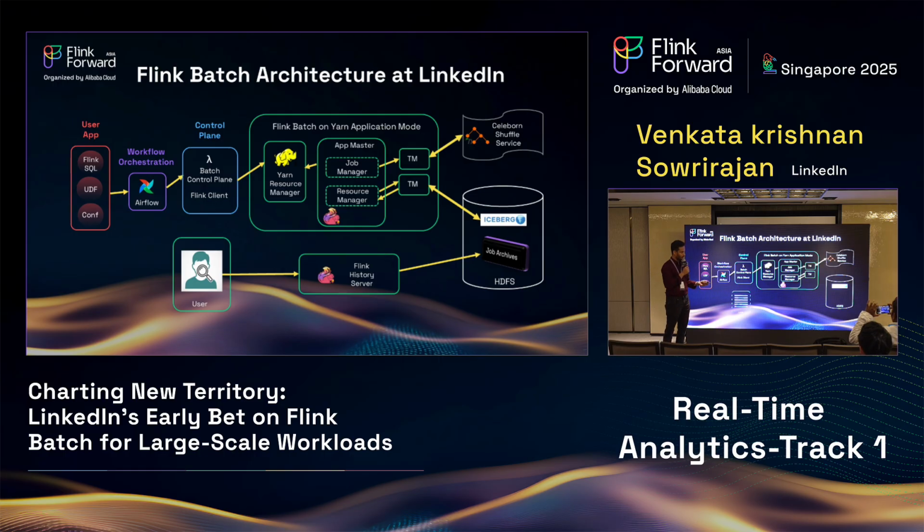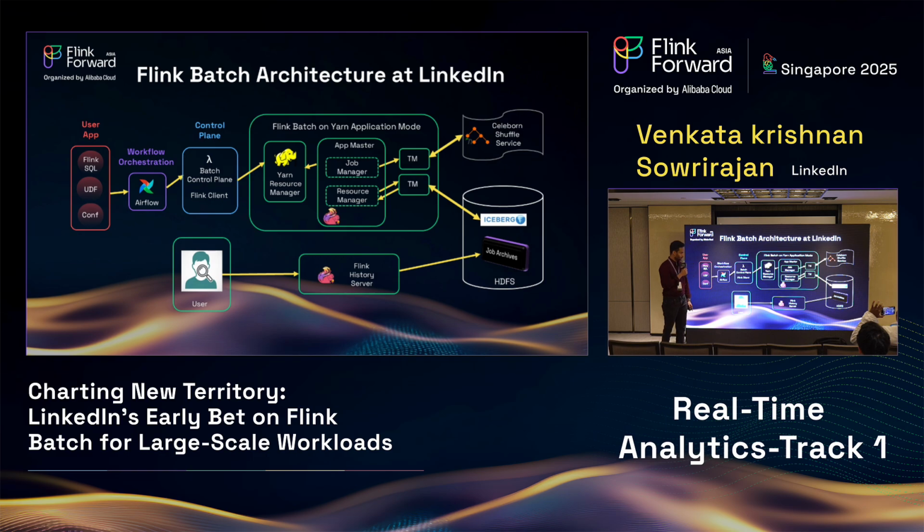And like I mentioned, we use Iceberg for our data lake. So it reads and writes from the Iceberg tables in HDFS and does shuffling through Scalable for intermediate data.